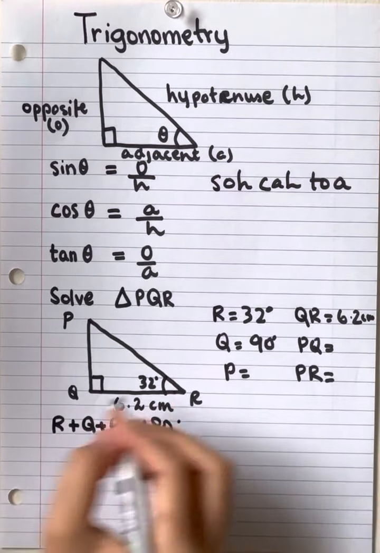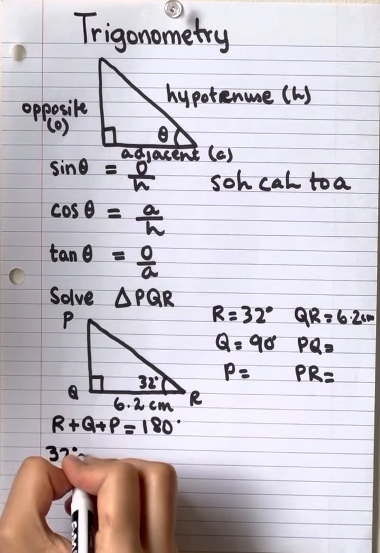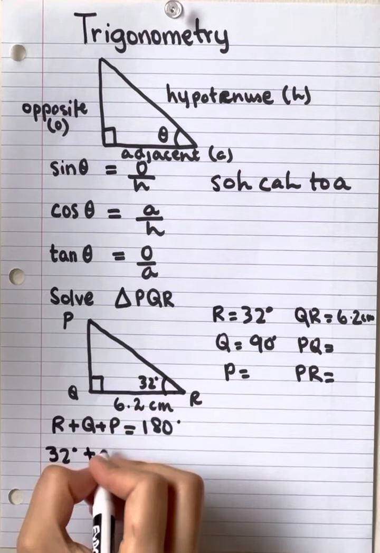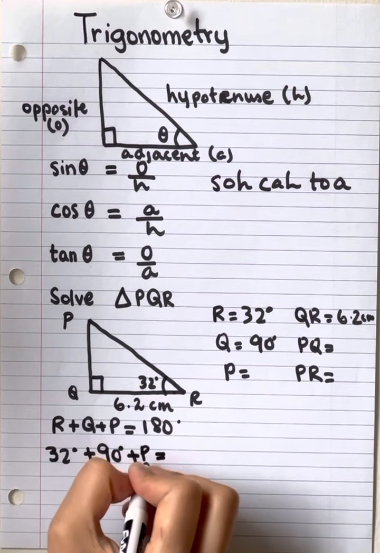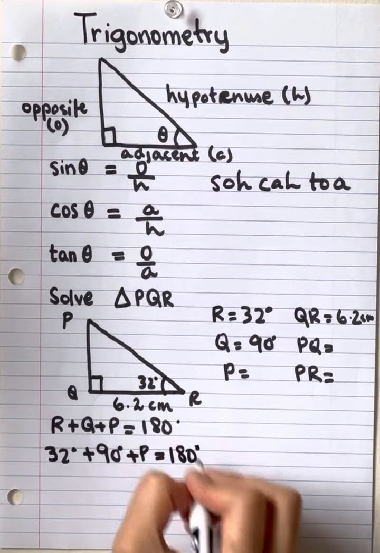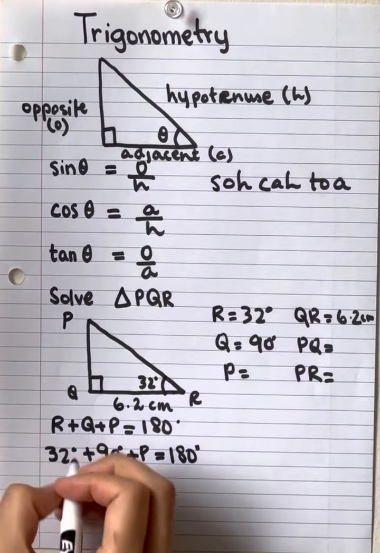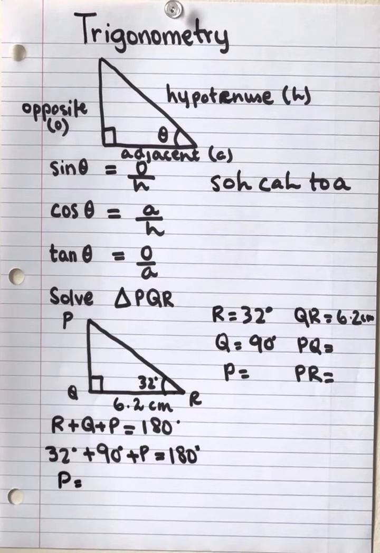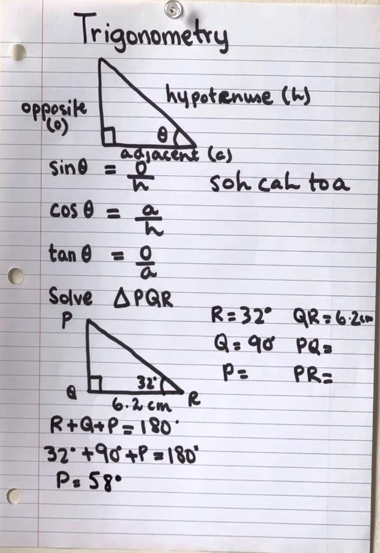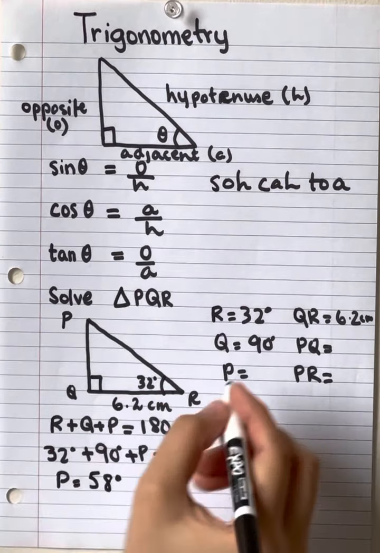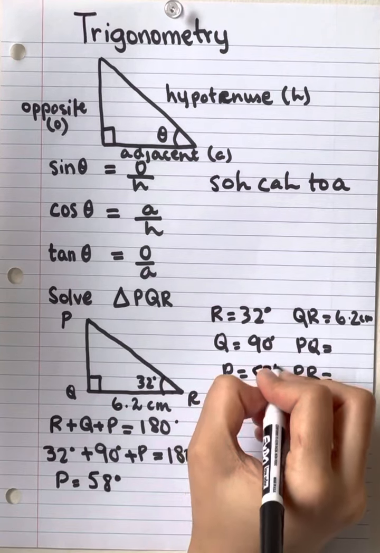So we know R, which is 32 degrees, plus Q, which is 90 degrees, plus P, we need to find out, is equal to 180. Now we're going to solve for P, and we get 58 degrees. So we know our P is 58 degrees.